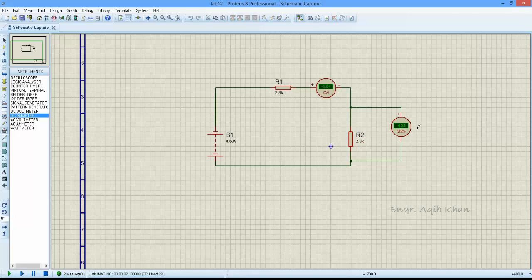VL is minus 4.31 and current is minus 1.54 milliamp. The next value of RL is 3.3 kilo.